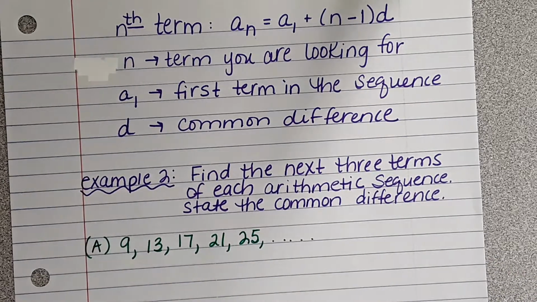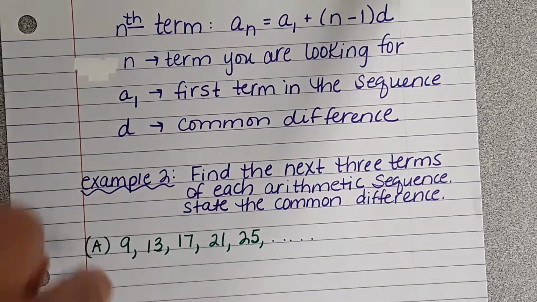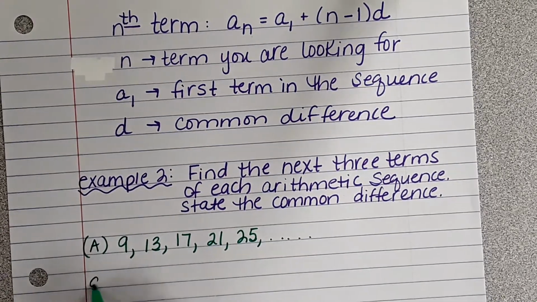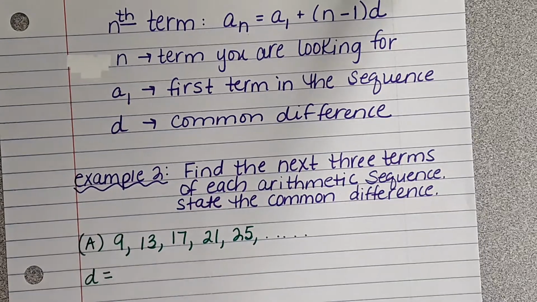Because they're telling you to find the next three terms of each arithmetic sequence, that's saying this is indeed a sequence, so find the common difference and then find the next three. So what is my D? It's already an arithmetic sequence, so we don't have to go through everything. How do I find my D?